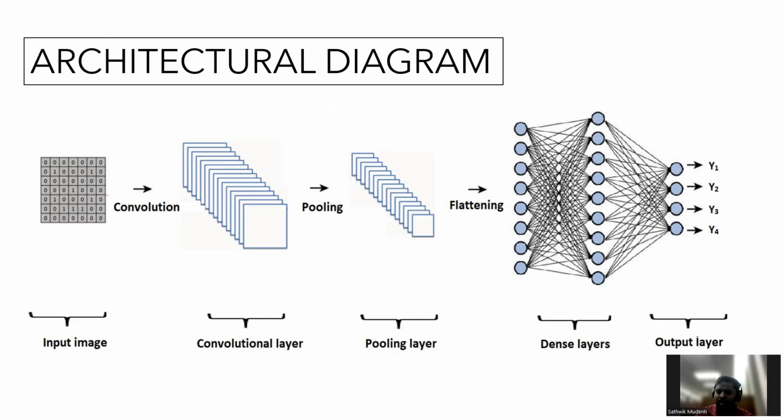In this, the input image is transformed into a matrix containing zeros and ones, which are basically pixels. Then these are passed to the convolutional layer, and it detects patterns from the inputs and passes them to the further convolutional layers.